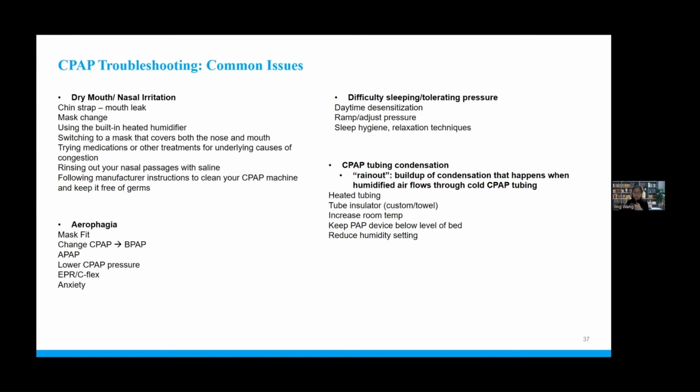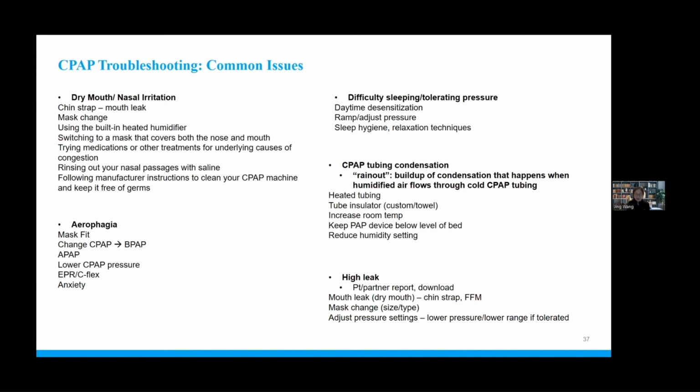Again, it's the temperature differential between the ambient air, the tube, and the air coming in through the tube. You can also advise patients to put the PAP machine itself below the level of their head, and obviously to reduce the humidity setting if the patient can tolerate it.